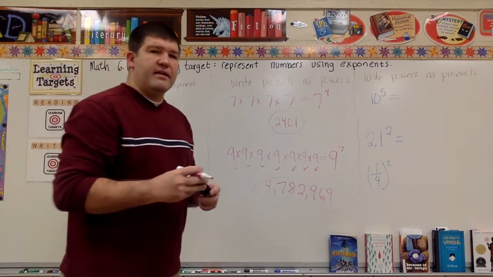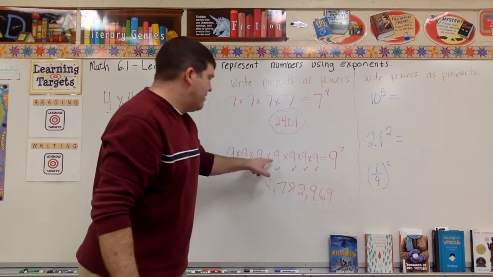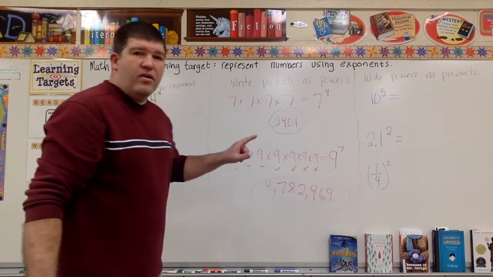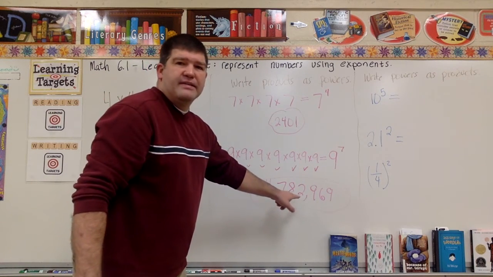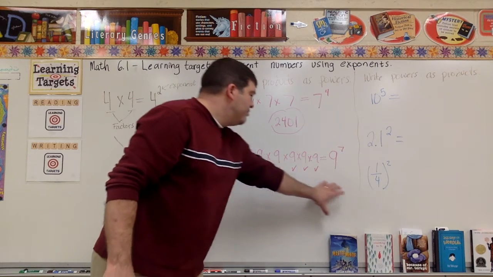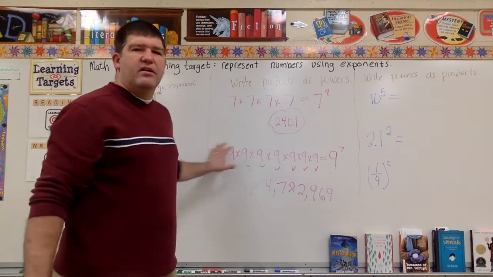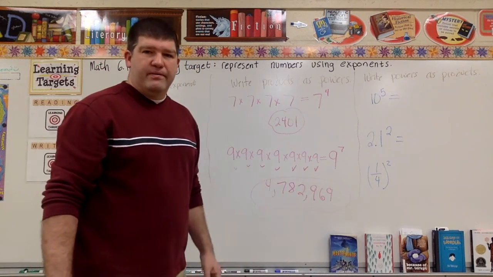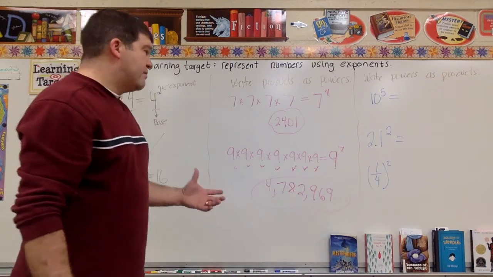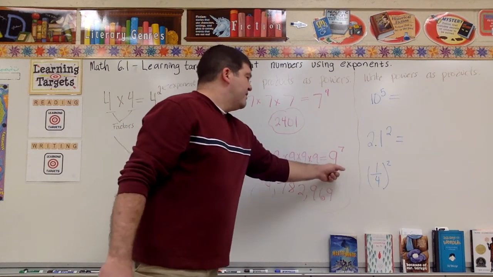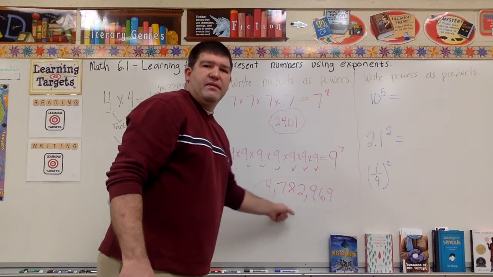Okay, so 9 to the 7th power, or 9 times 9 times 9 times 9 times 9 times 9 times 9, is going to be 4,782,969. Huge number. So instead of saying this all equals this, you write, well, it's all 9s, so 9 to the 7th power. It's a nice shorter way of saying this big number. But it's equal. These are the factors. Here's your base with the exponent, and here's the product or the value of it.